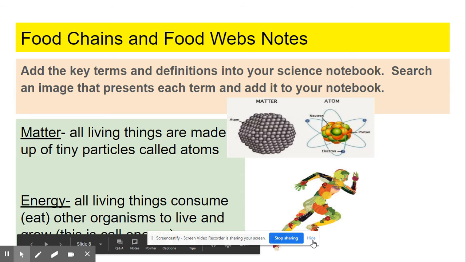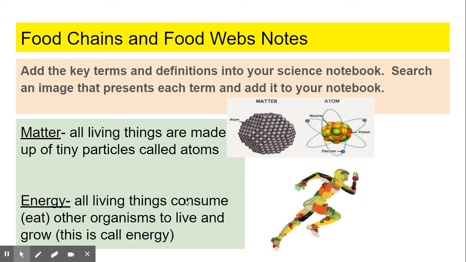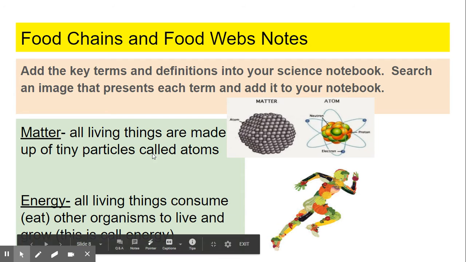Energy, okay? It's important that you understand the difference between the two. All living things consume each other for energy. When you eat, your body converts the matter that you eat into energy. So matter is what all living things are made up of.